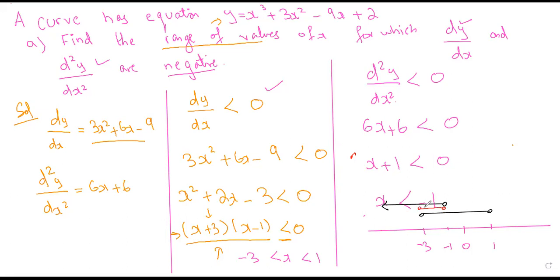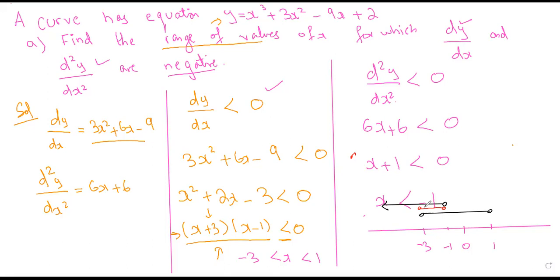This one. All right. So I'll repeat the question. I'll explain this again. Basically, this was a general maths question. You had to find the range of values of x which were satisfying two things. Dy by dx should be less than 0 and the second derivative should also be less than 0. So step 1 was to find dy by dx and the second derivative, and then we had to find the two inequalities.